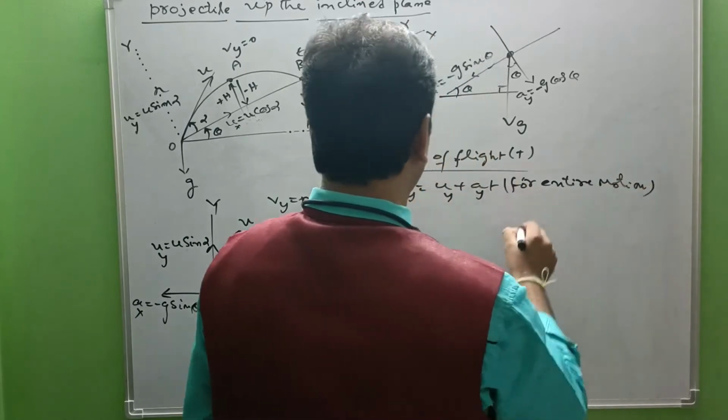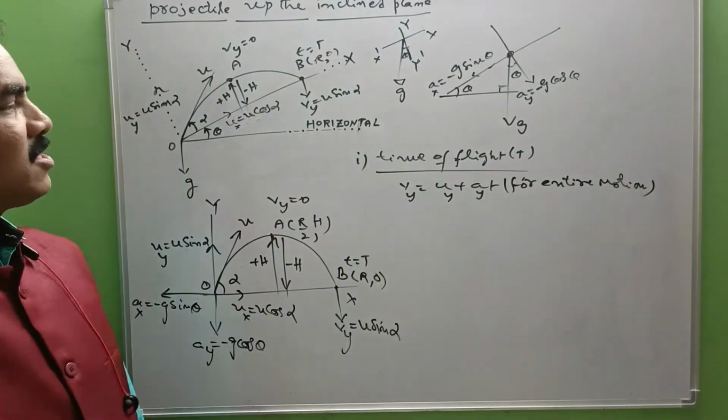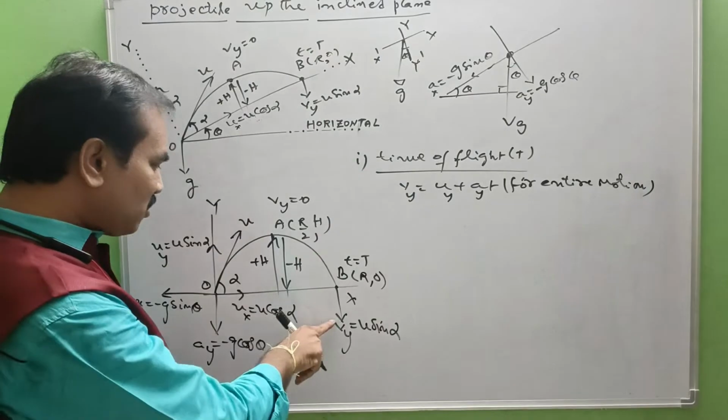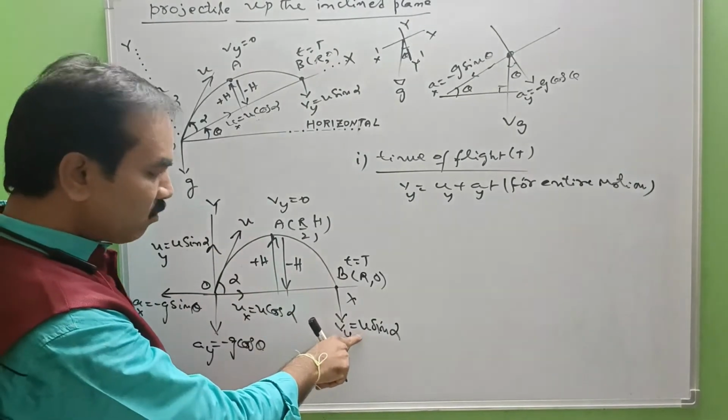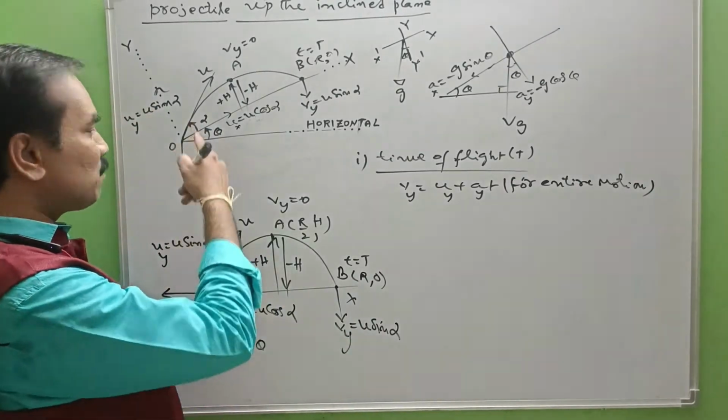See here, this is Uy, this is Vy. Vy means towards the negative axis, Uy means towards the positive axis.